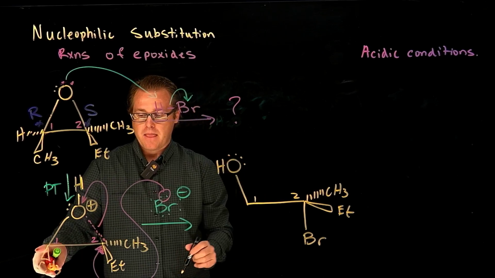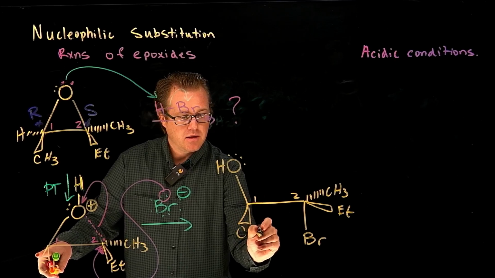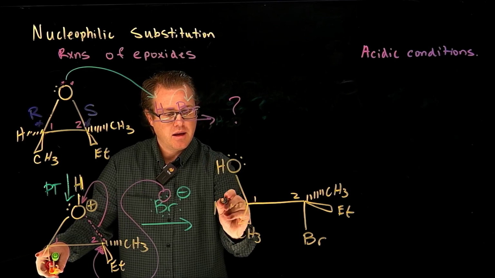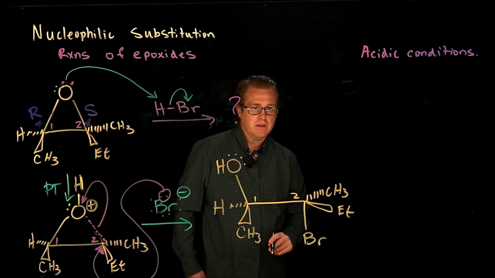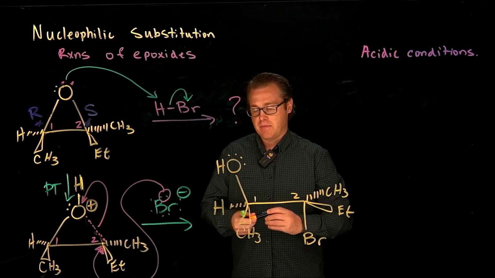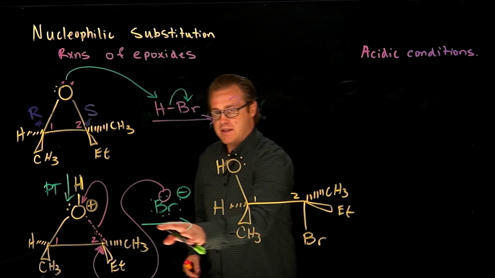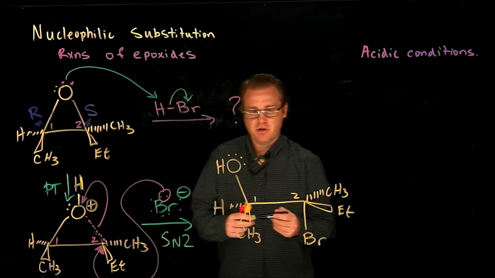Like that. And then we have carbon 1, and we still have our CH3, our hydrogen that's not shown. We can draw it in right there. And there it is. That's the reaction. That is the mechanism. What was this step right here? That was a SN2 mechanism.